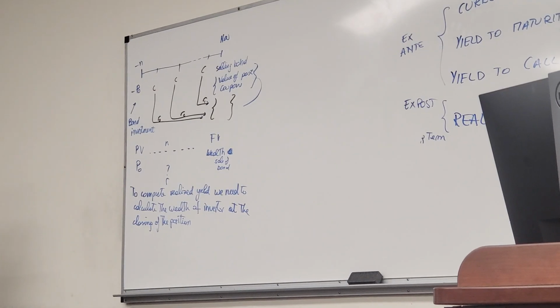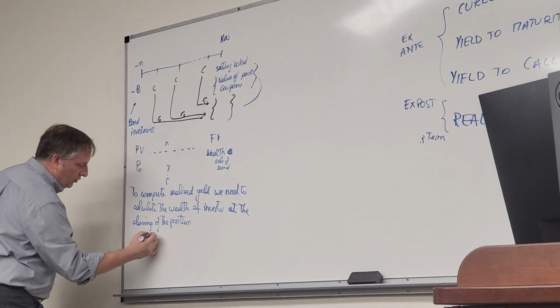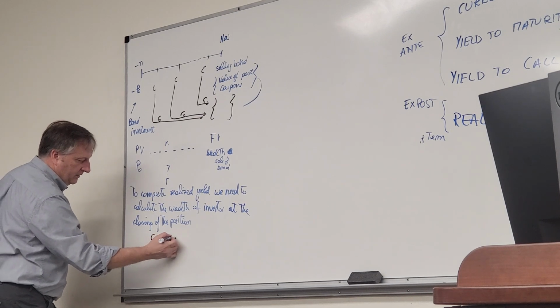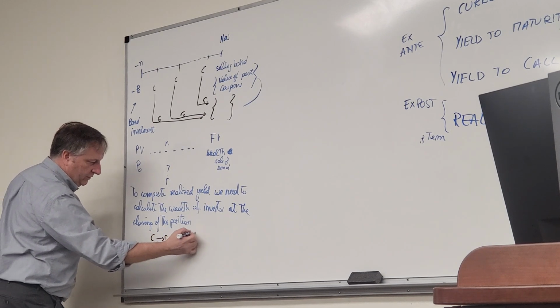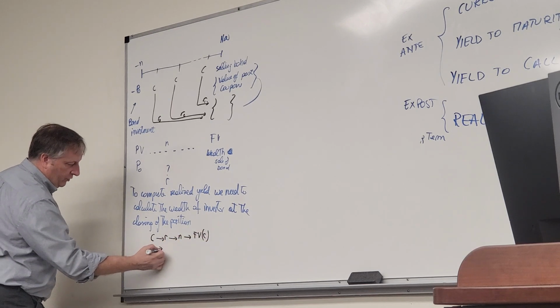And the way you calculate the wealth of the investor is by considering each coupon, the rate at which this coupon was reinvested, for how long, and that gives you the future value of this coupon. Repeat that for all coupons.